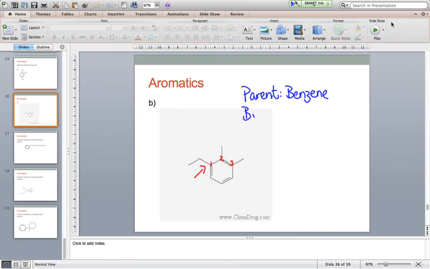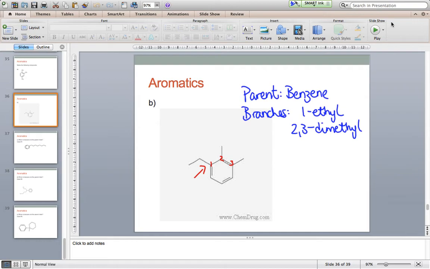And then branches, I've got an ethyl branch off the first carbon. And even though it's off the first carbon, I still need to list it. And 2 methyl branches off the second and third carbons in my benzene ring.